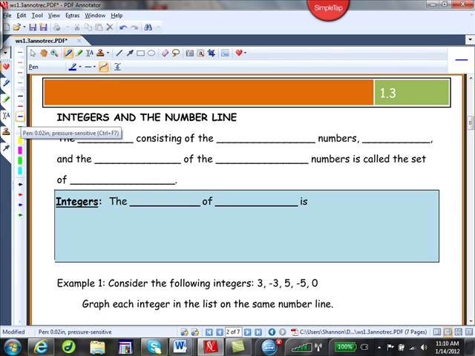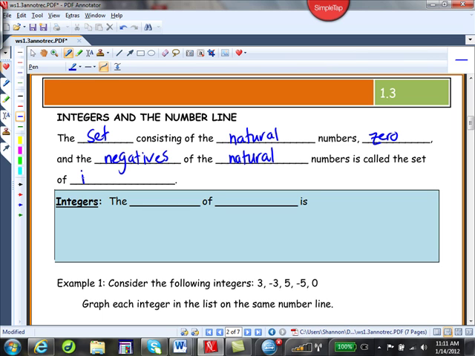Integers in the number line. The set consisting of the natural numbers, 0, and the negatives or opposites of the natural numbers is called the set of integers.